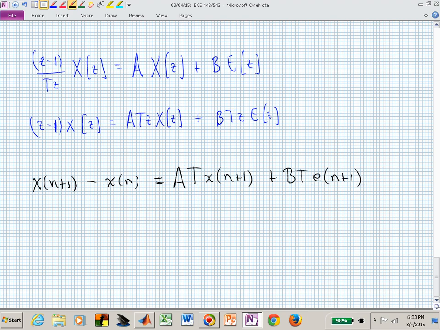And that allows us then, with respect to the last blue line, to say, okay, here is something that relates in the frequency domain my input, which in this example is E, and my state vector X, in terms of A, B, T, and Z. Did that help explain?